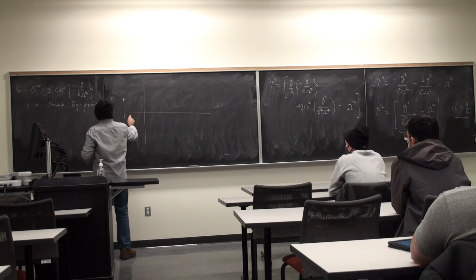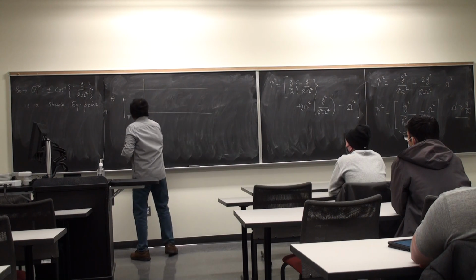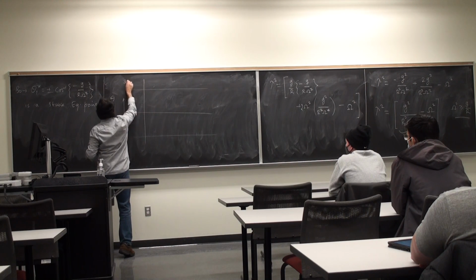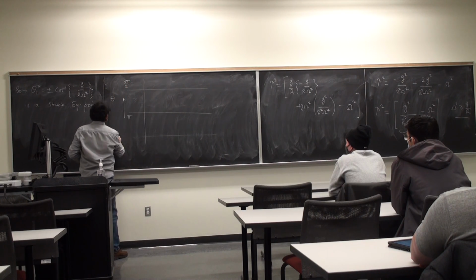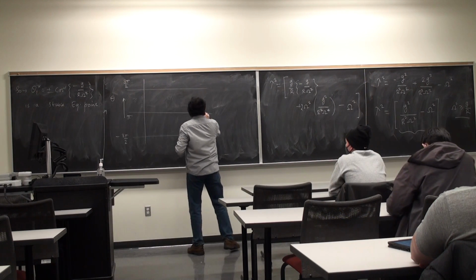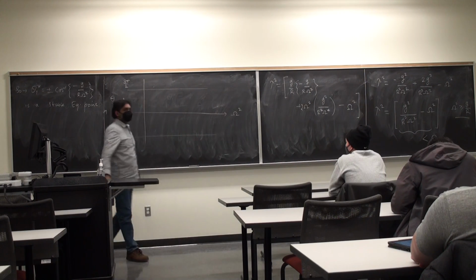This is, let's say, theta is equal to pi. Theta is equal to 3 pi by 2. Minus 3 pi by 2, okay, these are bounds, and then this is the parameter omega square.